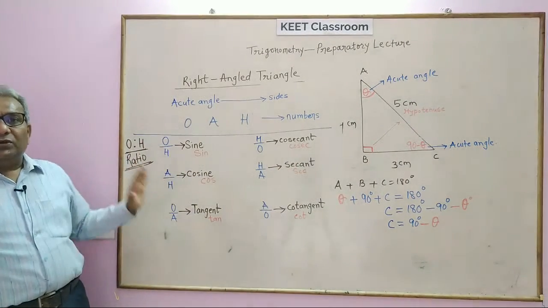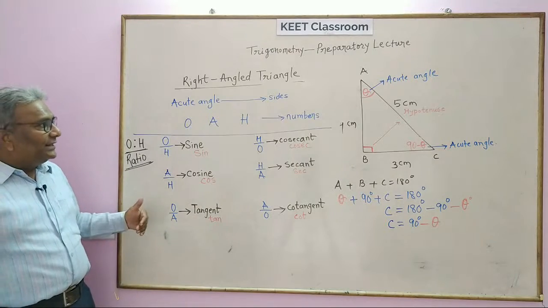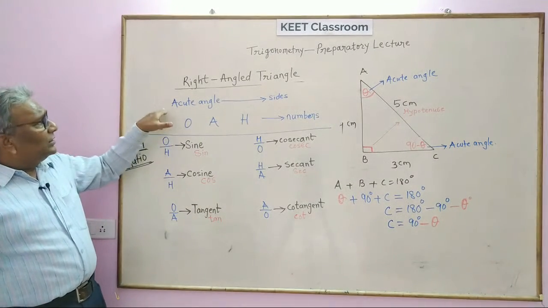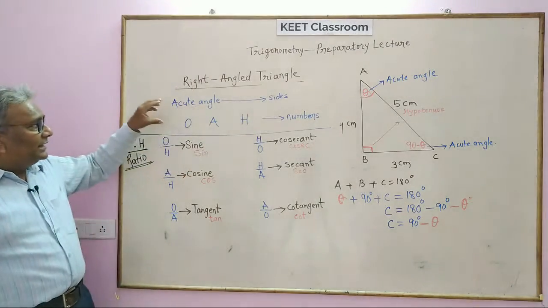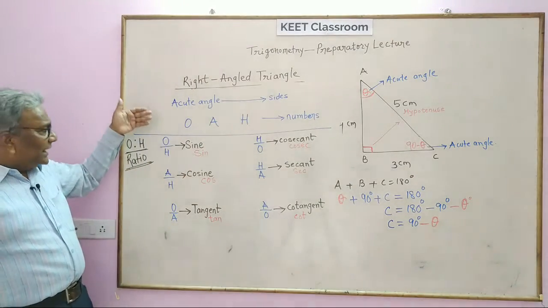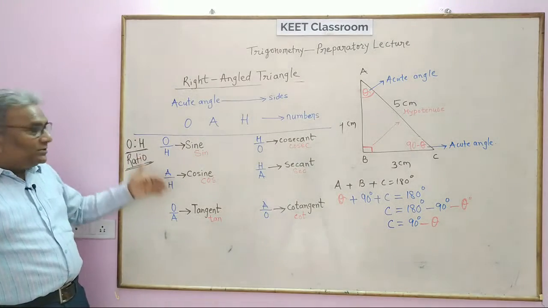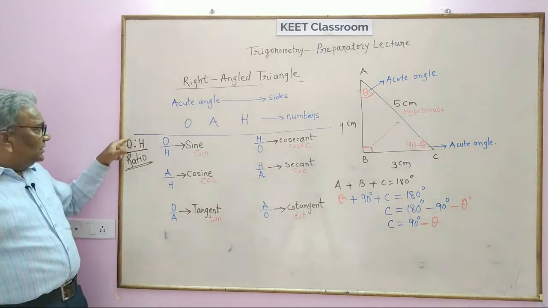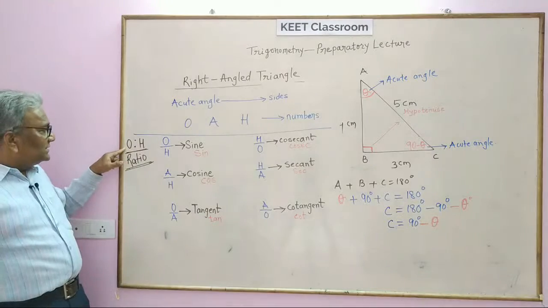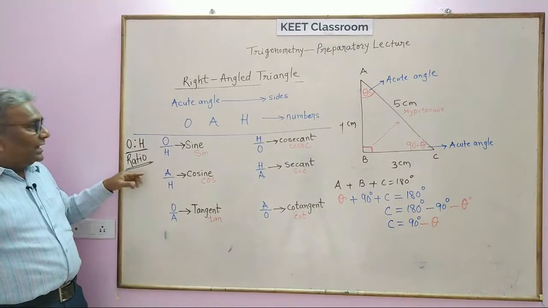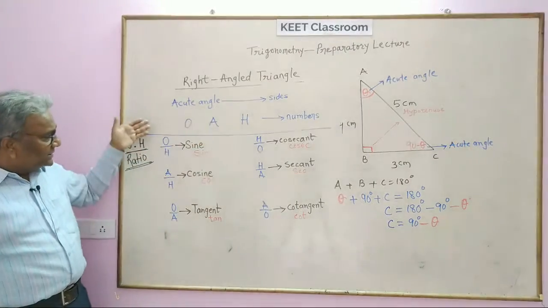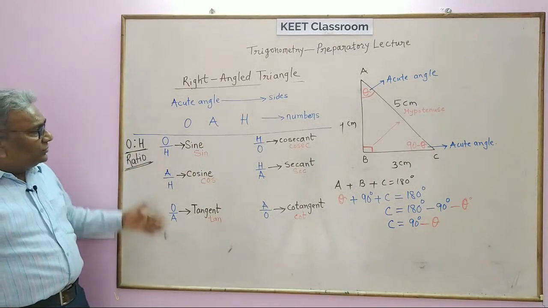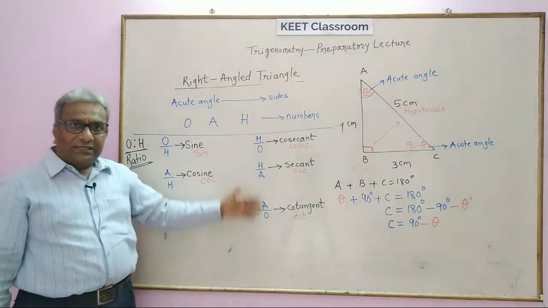6 ratios of trigonometry. How do we get them? Just nothing. If you are confirmed that the sides are numbered, take these numbers, try to prepare fractions. If the fractions are written in this dot form, we say it is a ratio, and then try to prepare as many ratios as possible. You will find that you are able to prepare 6 ratios.